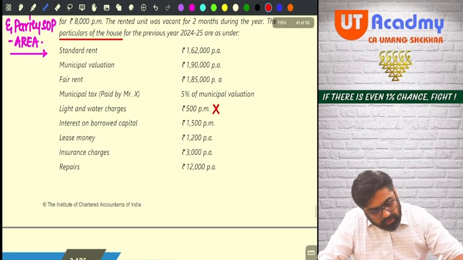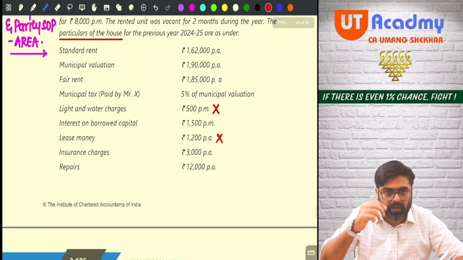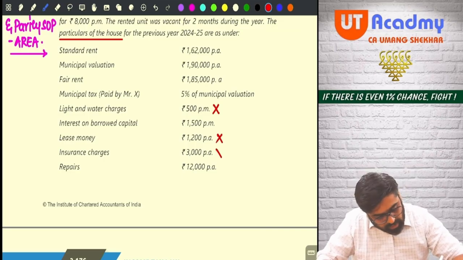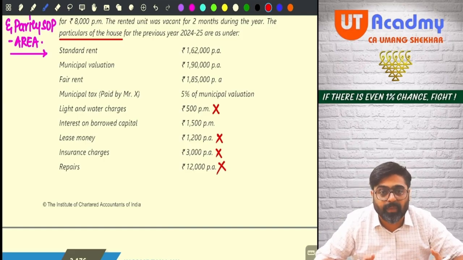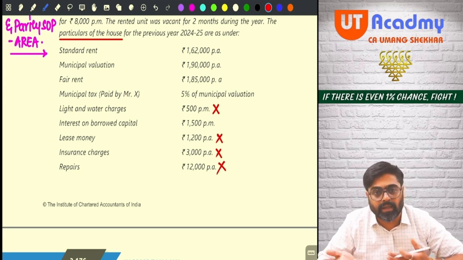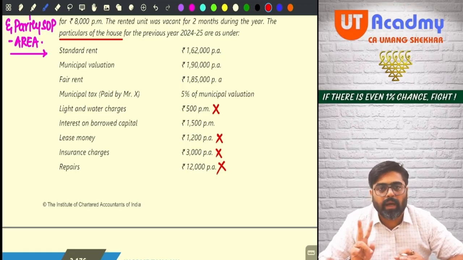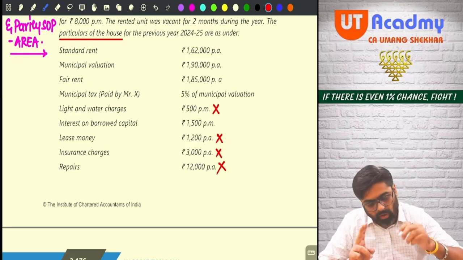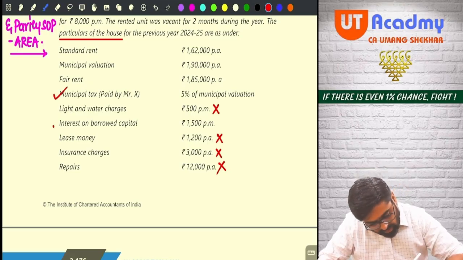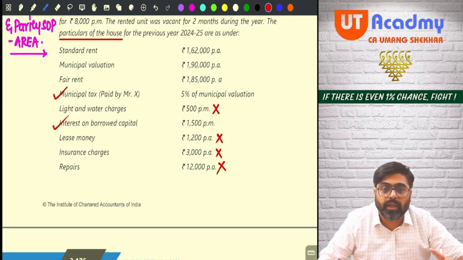Lease money, insurance charges and repairs will not be allowed as a deduction. These are expenses related to property, and for any expense related to property I don't get any deduction under the house property head. I get only two deductions: one, municipal tax, and two, interest on housing loan. That I have already considered.